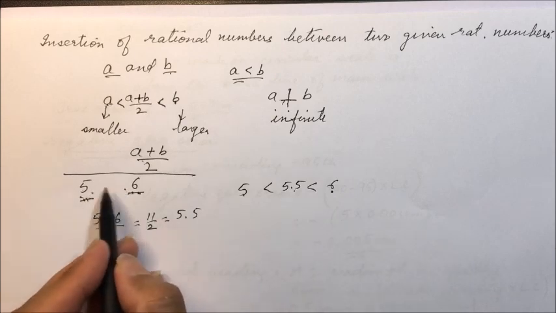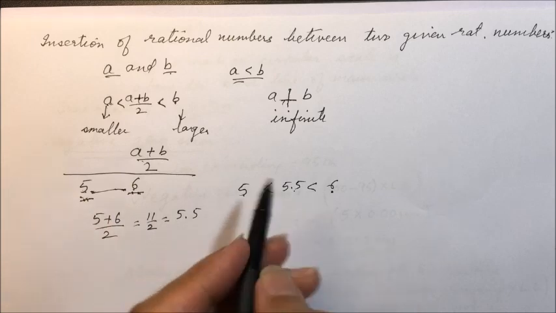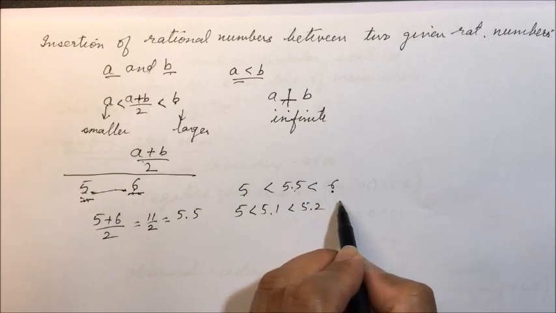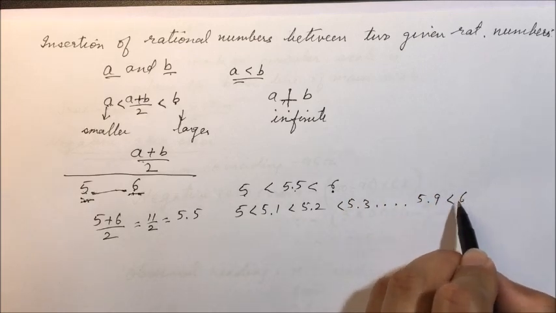And how many rational numbers are there between 5 and 6? There are infinite. You can write 5, 5.1, 5.2, 5.3 up to 5.9, 6.